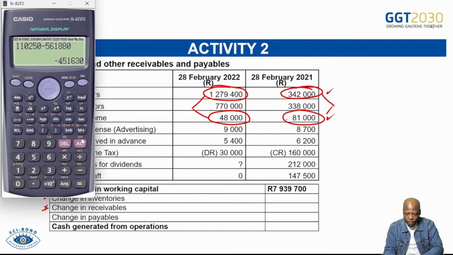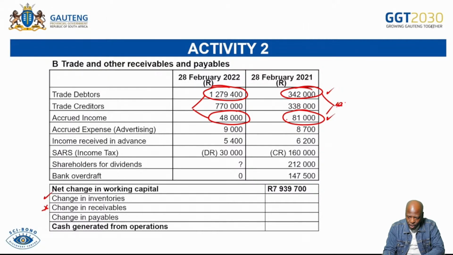So I'm now going to say 342 plus 81. 342,000 plus 81,000. That is going to give me 423,000. So I'm coming here. That is 423,000 over there.